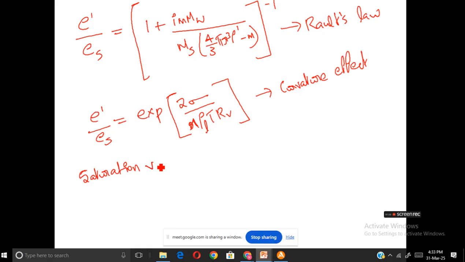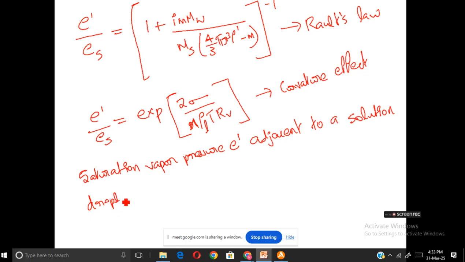So the saturation vapor pressure E dash adjacent to a solution droplet with a specified radius r, just having a radius r, is given by E dash by E.